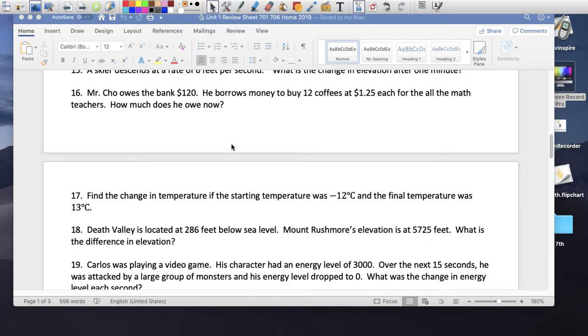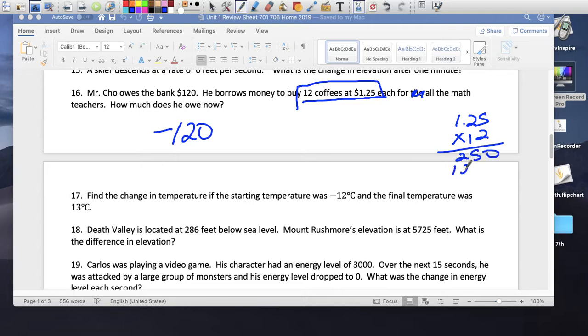Mr. Cho owes the bank. I'm always owing money, 120, so let me write it like this. I then borrow more money, yay, to buy 12 coffees at $1.25 each for all the math teachers. Why would I ever do that? Because I'm very kind. So I'm already owing this much, and I borrow more money. Let me see how much I borrowed: 1.25 times 12.